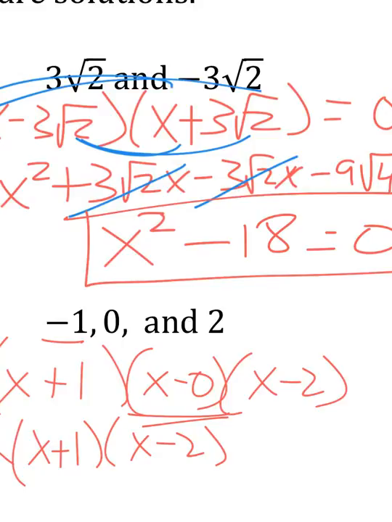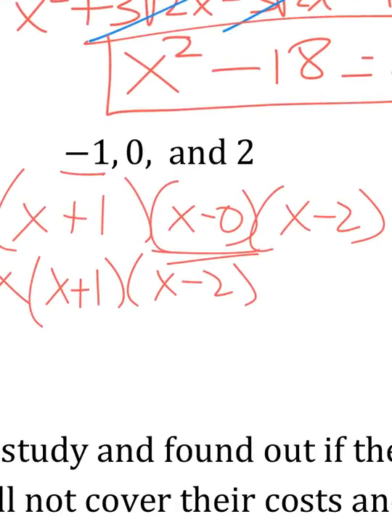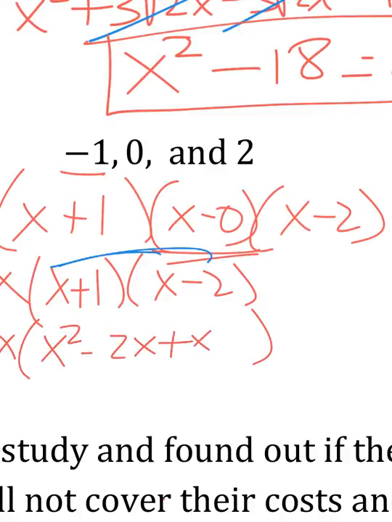Now we're just going to multiply this out. So if we multiply these two here, I'm just going to leave the x alone for now. We get x squared minus 2x plus 1x minus 2, which is x squared, these guys make minus 1x, minus 2.